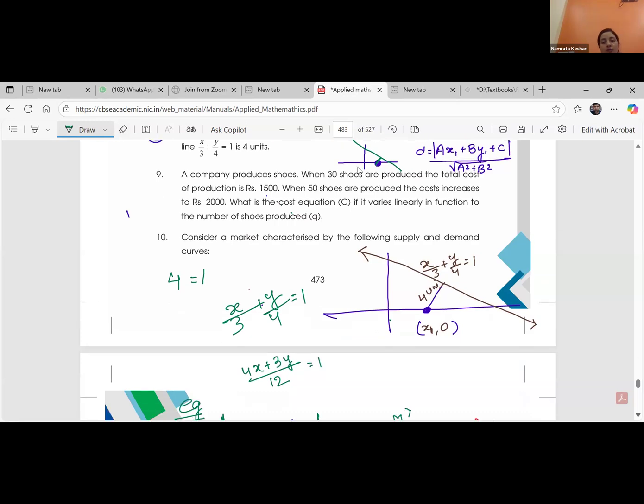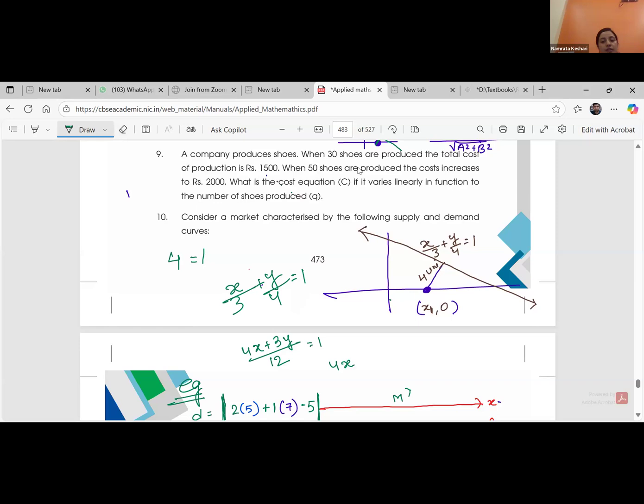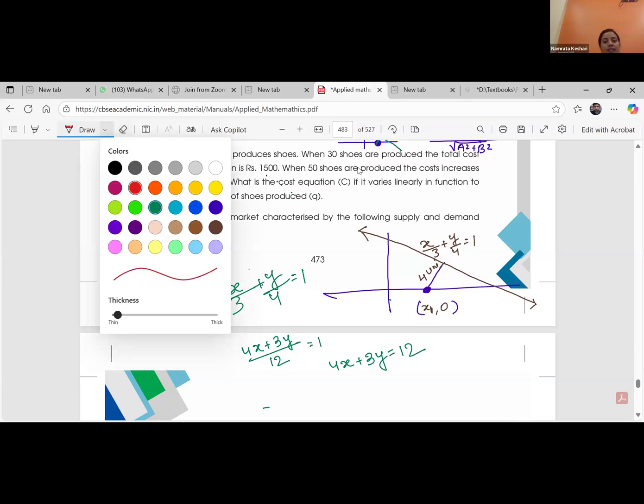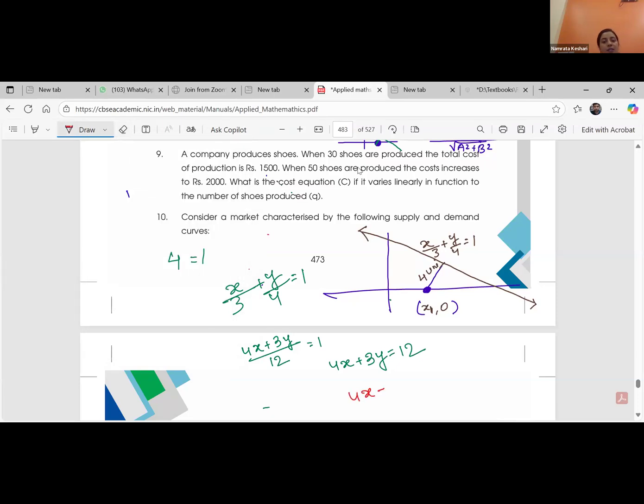Can you see how easily we are able to convert it into the general form? We can write it as 4x + 3y - 12 = 0. Ax + by + c = 0, where c is minus 12.